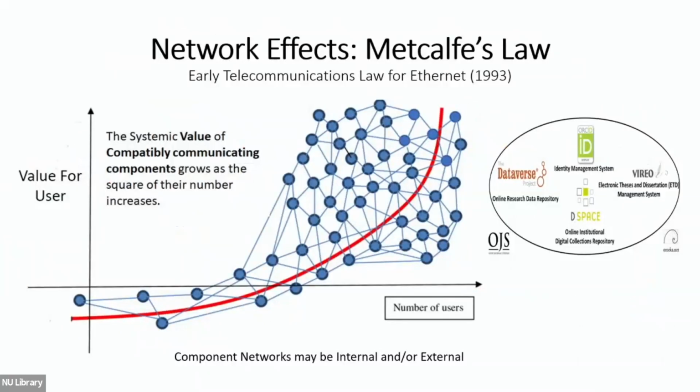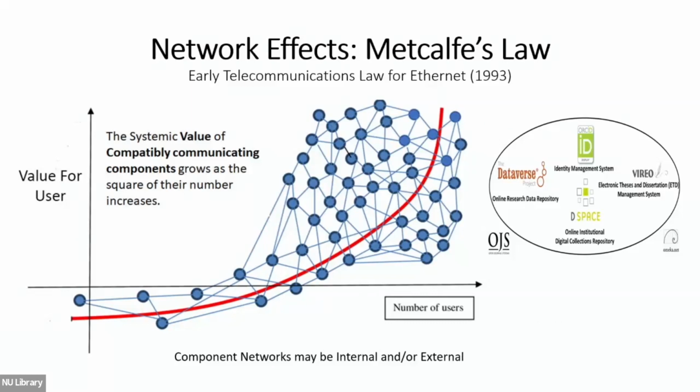Now, I talked about the ecosystem metaphor, nature metaphor. Now, here's the computer science, engineering, left brain side of the equation. It's called network effects, Metcalfe's law.